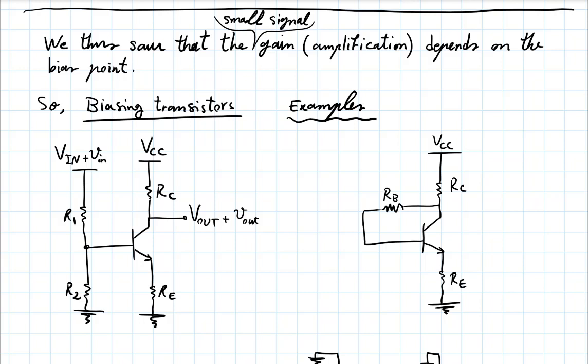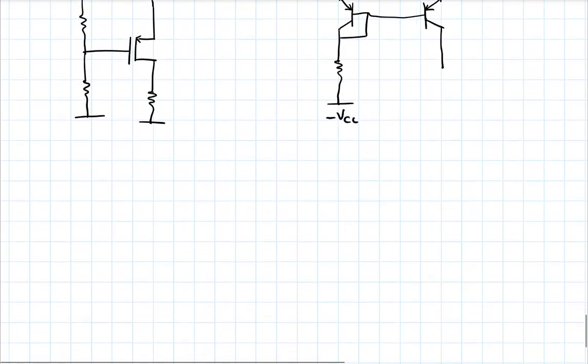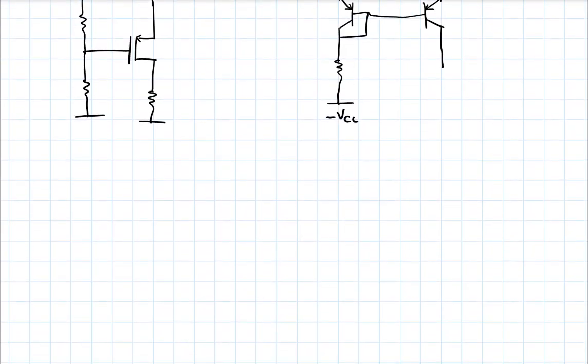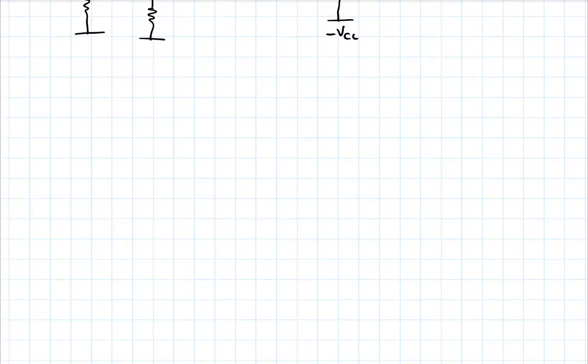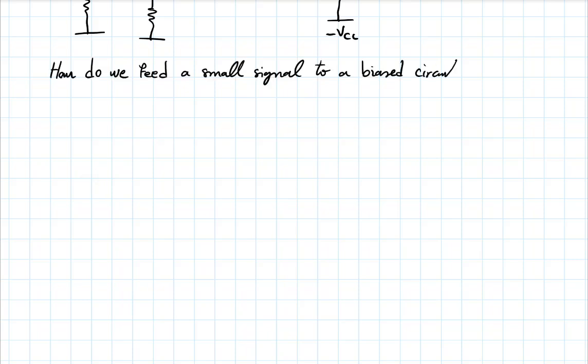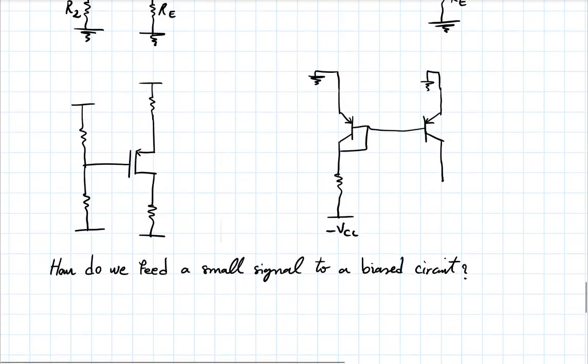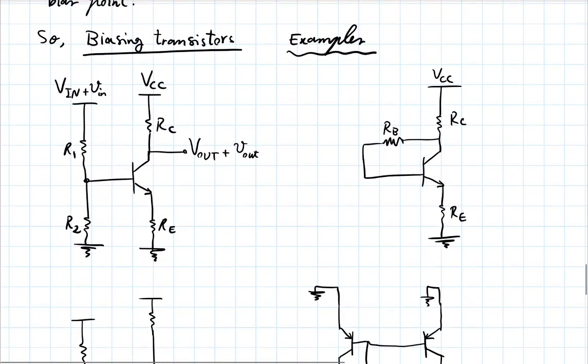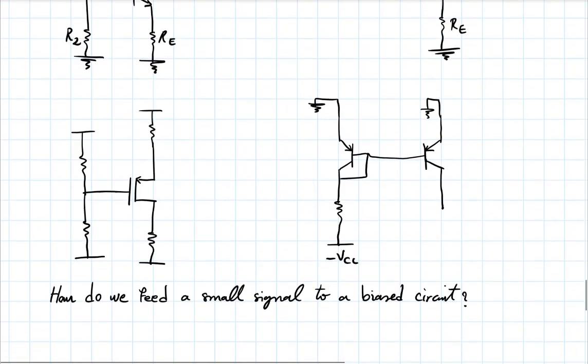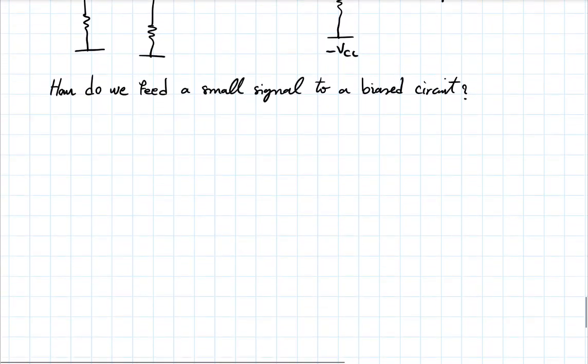So how do you feed a small signal to this? How do we feed a small signal? And again, the scenario that you're typically dealing with is that your small signal is some AC signal.